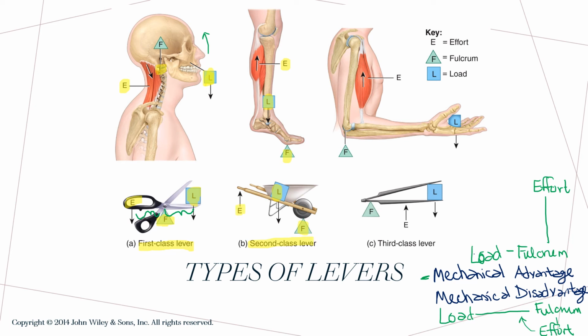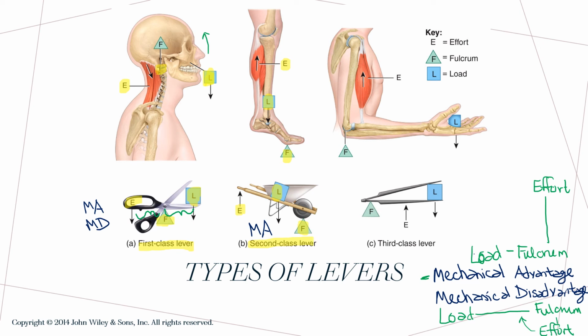These always produce a mechanical advantage, because the load is always closer to the fulcrum than the effort is. So this one will be mechanical advantage. The first-class one could be either mechanical advantage or mechanical disadvantage.